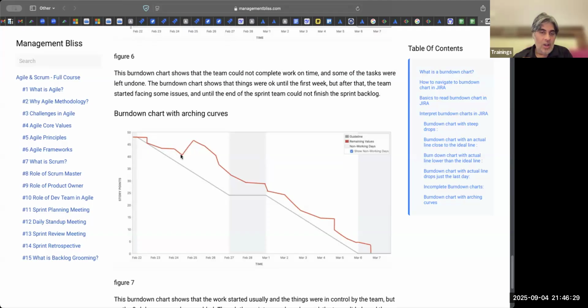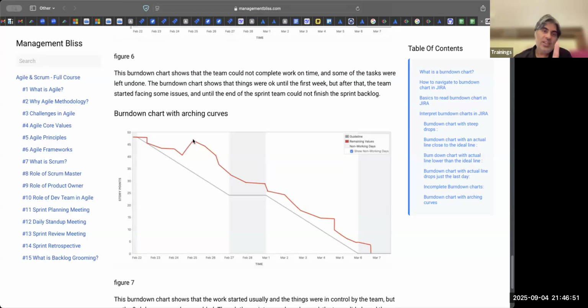But suddenly on 24th of February, from 40 points, we were again back to 46 points. So most likely this is 41. My old eyes, I can't see it properly, but this could be 41 and 46. So a 5-pointer or a 3-pointer or a 2-pointer, something like this, stories may have been added.